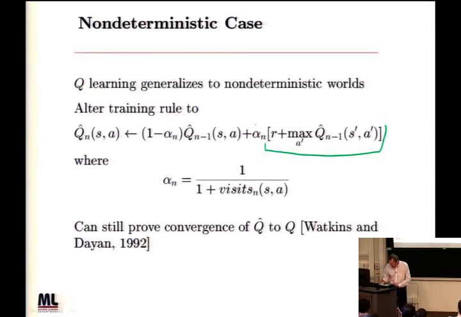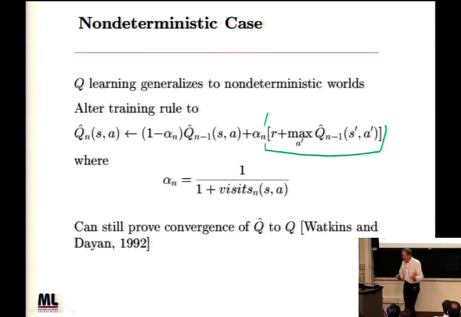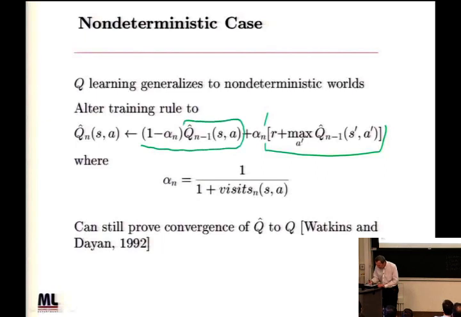What we really want to do is blend in that recommended update from the new state action pair that we just sampled. We want to blend that in with our current Q value estimate. So here, the subscript n is the nth training step.